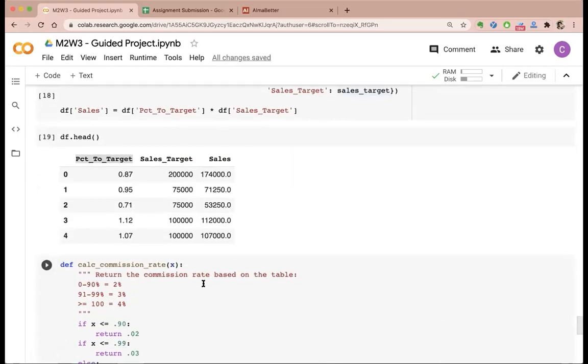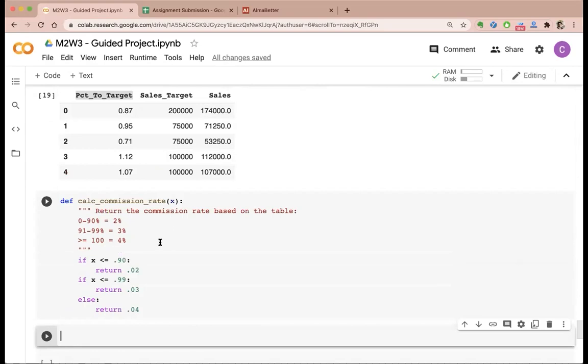So I hope you are able to write this function. This will calculate the commission rate. You will provide the percentage to target. If it is less than 0.9, you will return a commission rate of 0.02. Less than 0.99, it will return 0.03, and else it will return 0.04. Of course, you will say that between 91 and 99 it's 0.03.